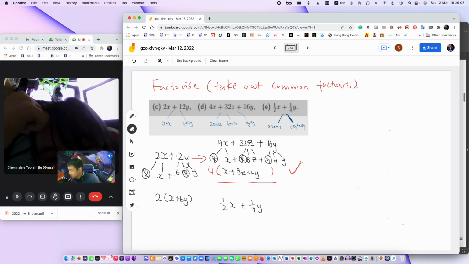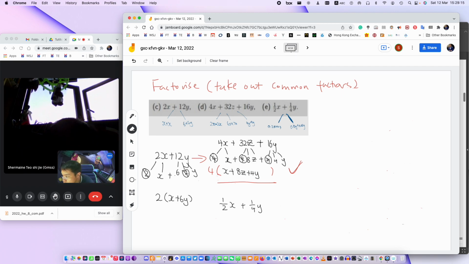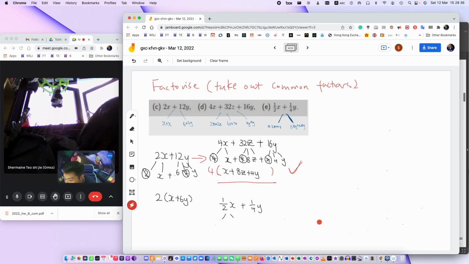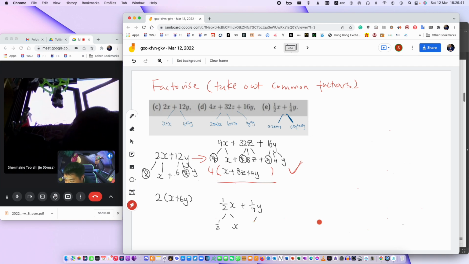Basically, they are testing you fraction now. Any idea? No. Can you split to half and then X? Then this one half something Y. The plus sign in between.